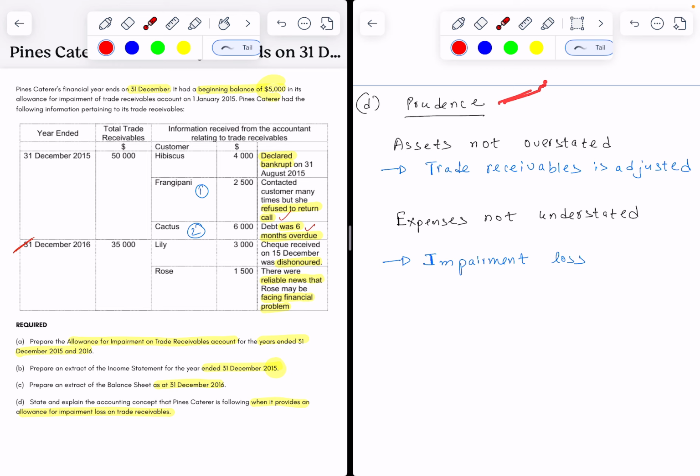Okay? Now, within this question, we are not going to overstate our assets and we are not going to understate our expenses. When we say we are not overstating our assets, what we are actually referring to is that trade receivables, which is a current asset account in itself, the book value is always adjusted for the allowance, which you have just looked into when we did the balance sheet, right?